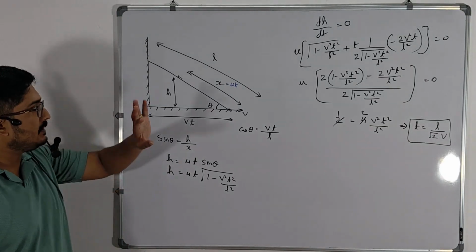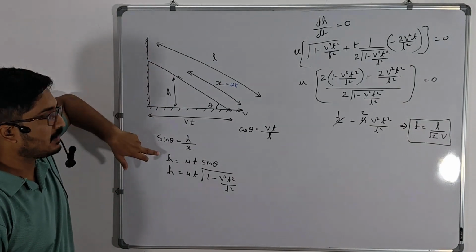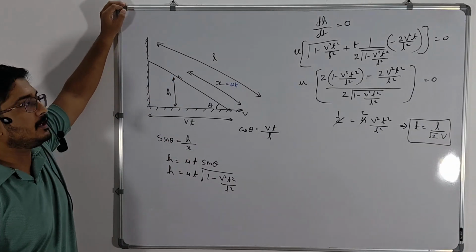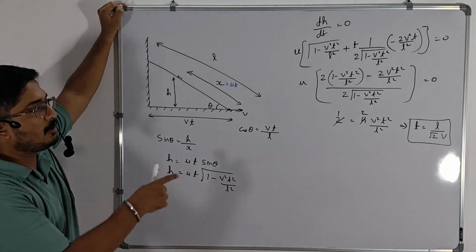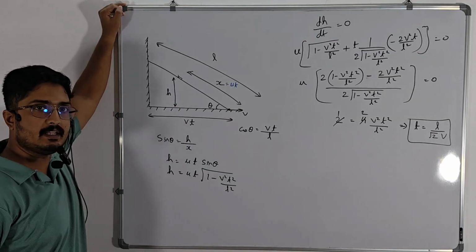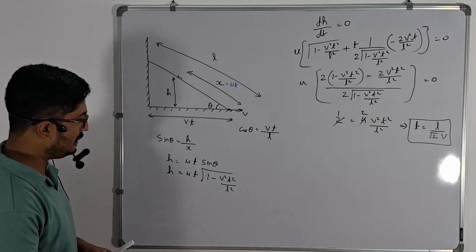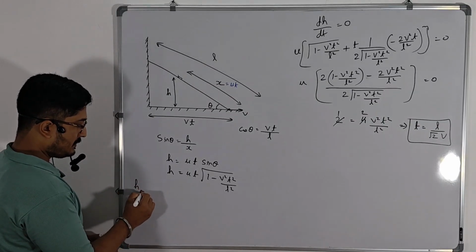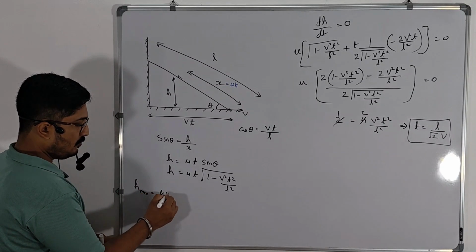Right? So once again, I found out the h as a function of time, differentiated the h with respect to time, equated it to 0. I found out the time for which the h becomes maximum. Now they are interested in finding the h max. So just substitute the value here. h max is equal to u into t.